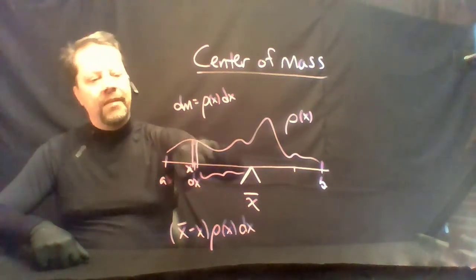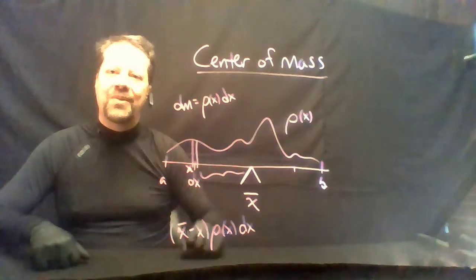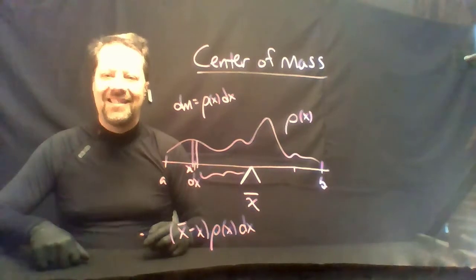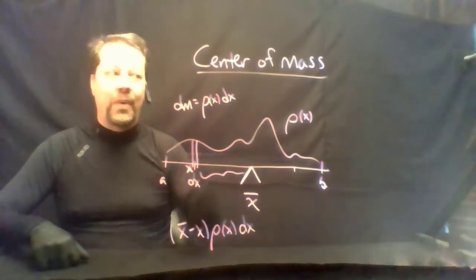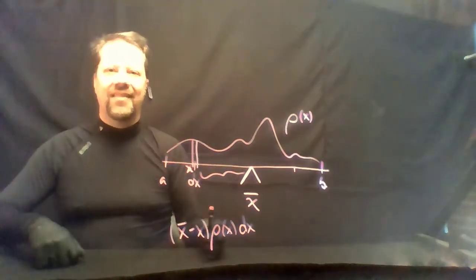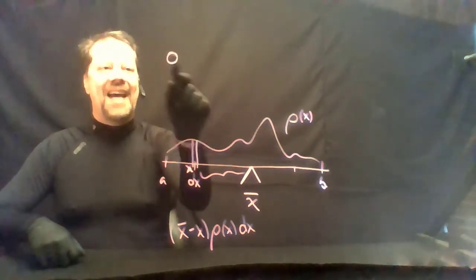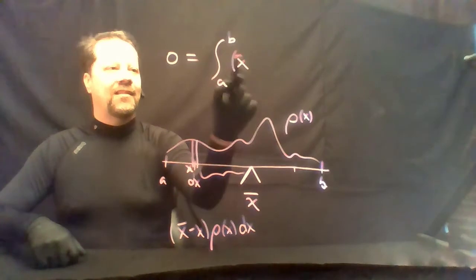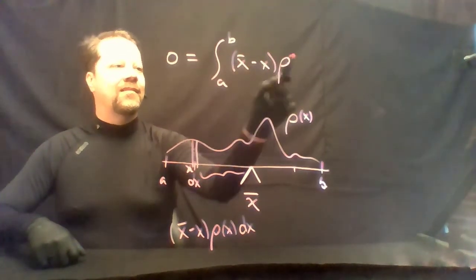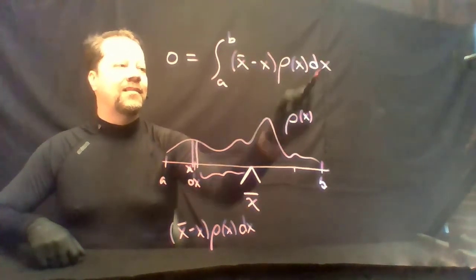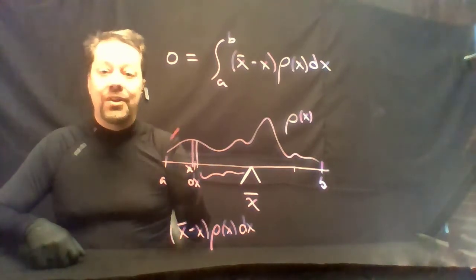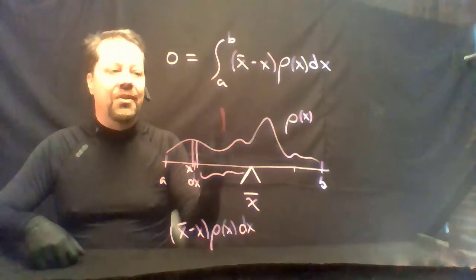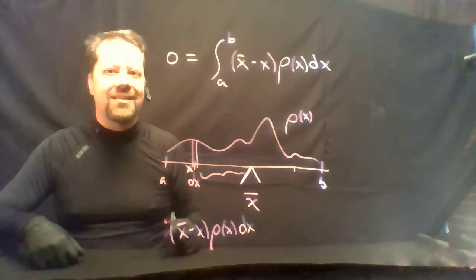The moments going one way should cancel the moments going the other way if x bar is placed at exactly the right point, the balance point, the center of mass. This means that if we add up those moments, we should get 0. It should perfectly balance. The total moment is 0 if x bar is placed just so.